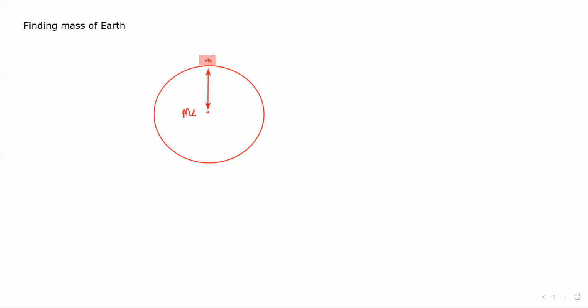But this distance will be very small compared to that of the Earth. So we can simply say the distance between their centers is equal to the radius of the Earth.